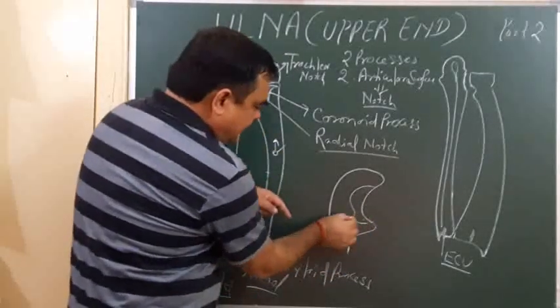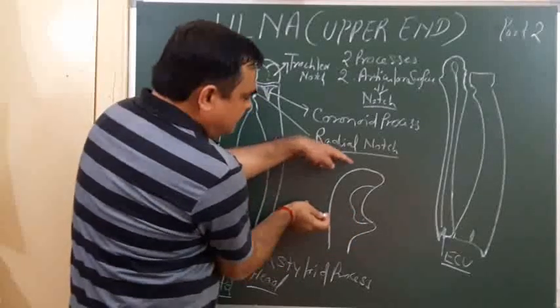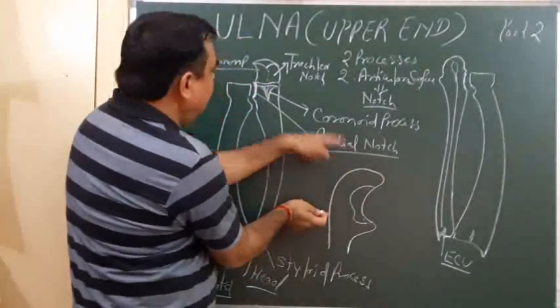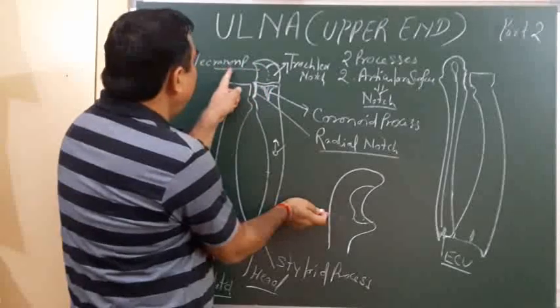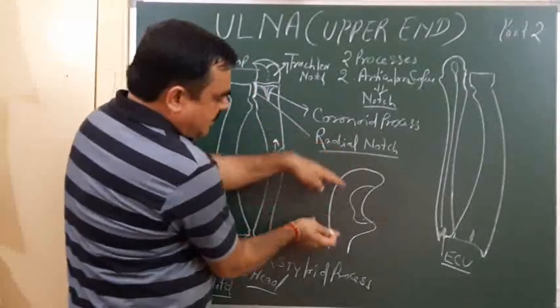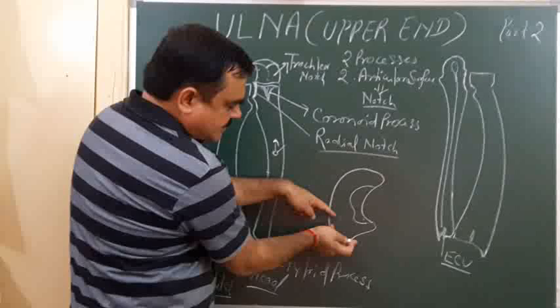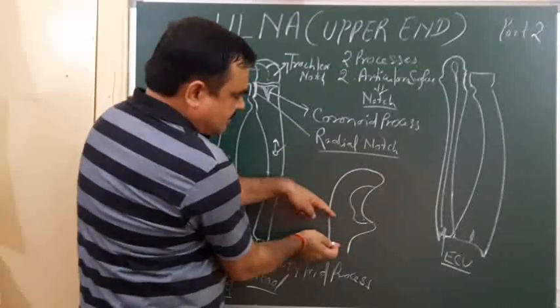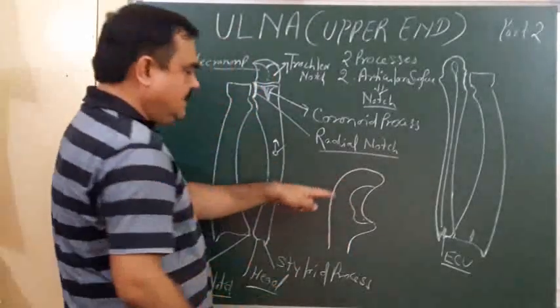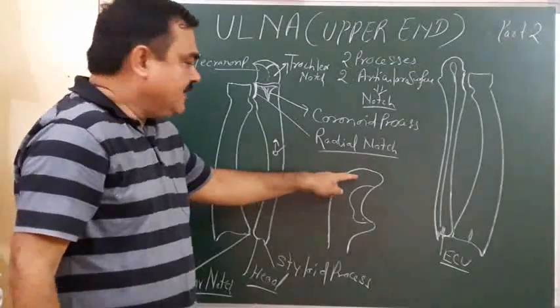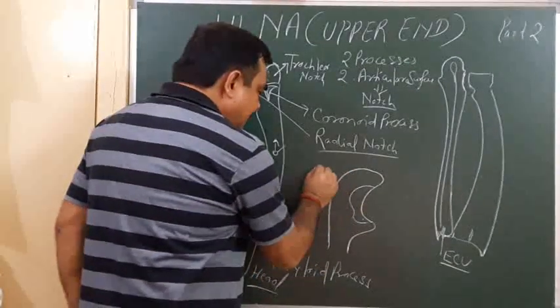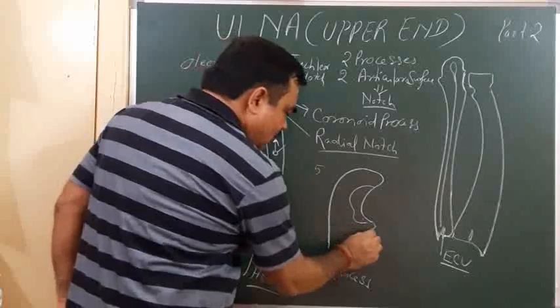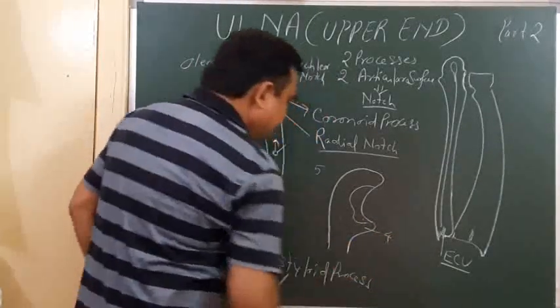Here, from this point to this part, this is the olecranon process, and this part is the coronoid process. The olecranon process has 5 surfaces, and the coronoid process has 4 surfaces.